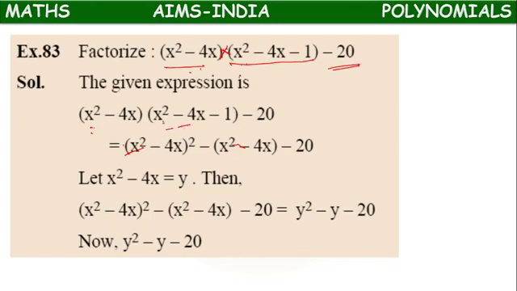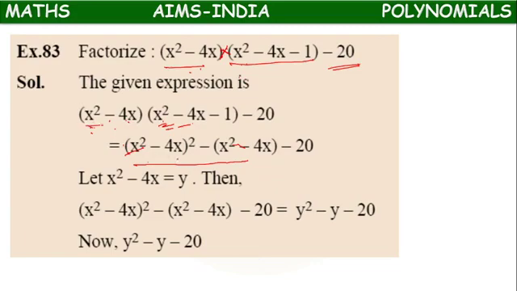One minute, children. So here directly they have taken x square minus 4x whole square.